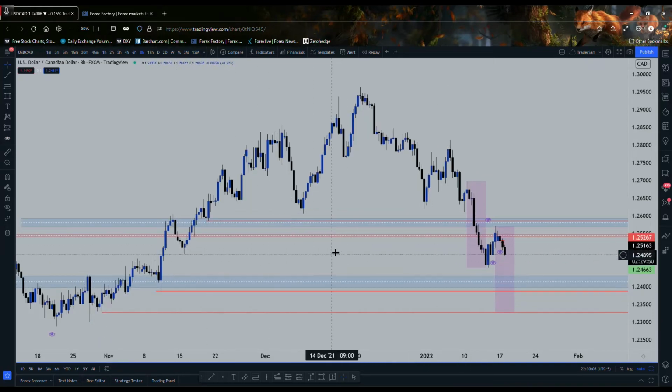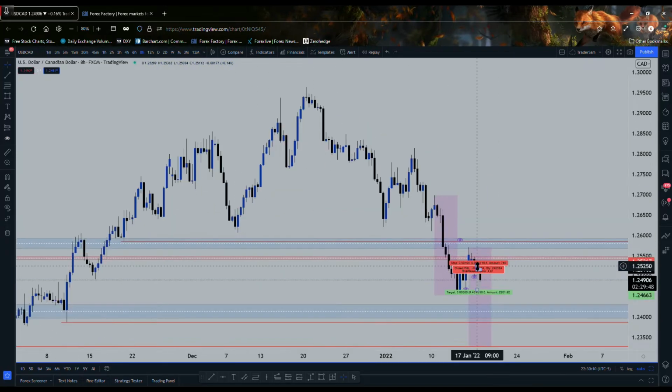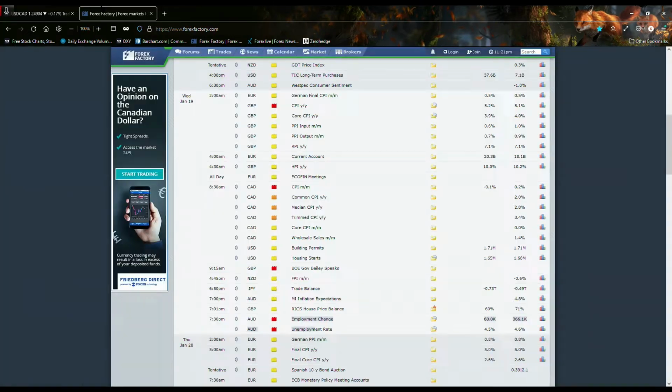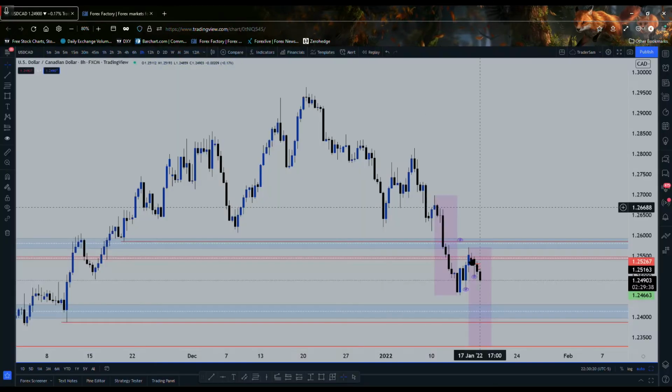But at this point, I think this is going to consolidate until maybe Wednesday, as you will see here. Wednesday, I'm only focusing on pound and CAD. Those are the two pairs against the dollar. And essentially, I just want to see this roll over. I don't want to see any optimal trade entries. I don't want to see it come into this order block.